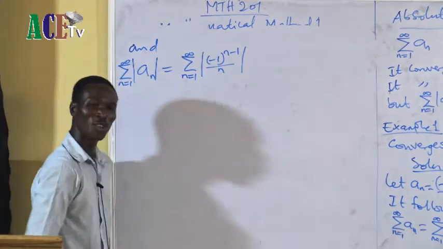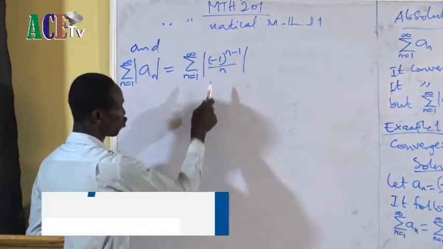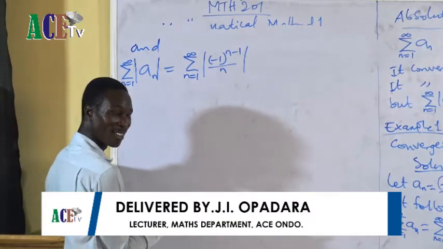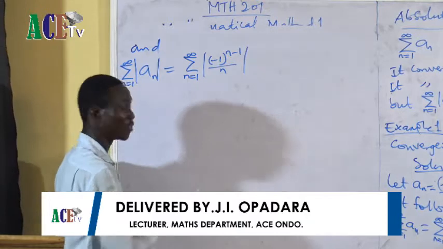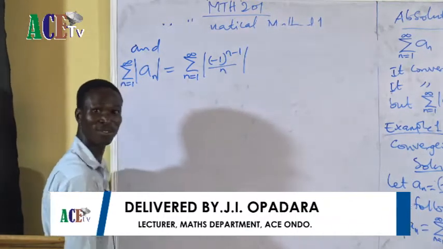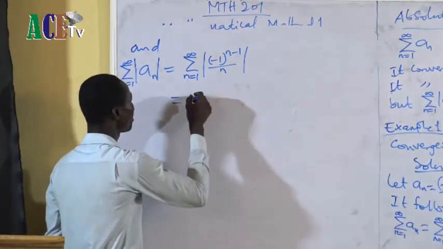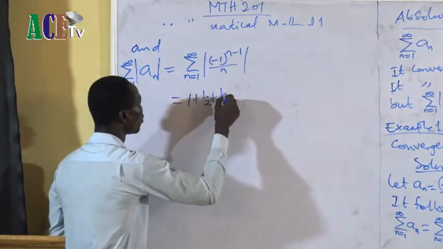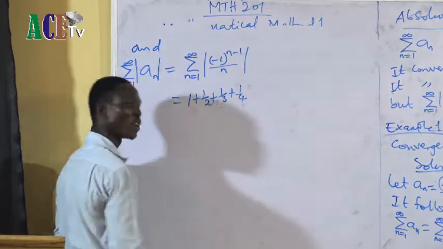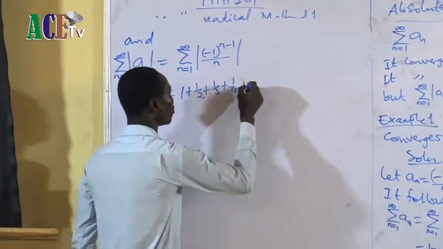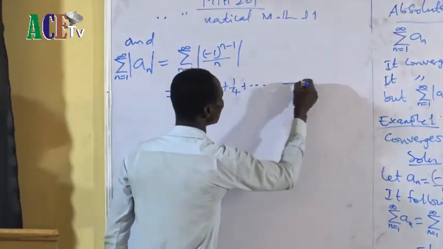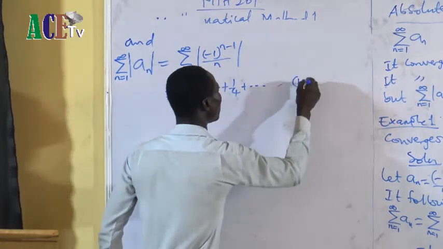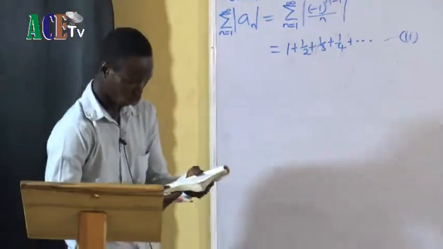But don't forget, it will give me the same value there, but there will never be negative because of this absolute value. Then this one will give me 1 plus 1 over 2 plus 1 over 3 plus 1 over 4. That is where positive is supposed to come from. And it will continue like that. Let me call this one equation 2.